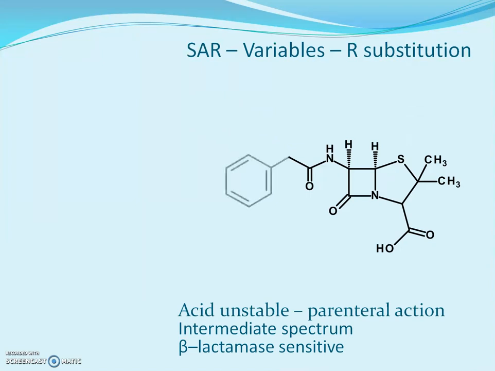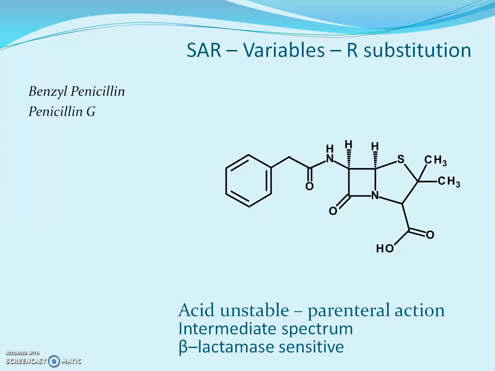Now if you see, if I attach this R with a benzyl group, this is the benzyl group. What happens is, this drug will remain acid unstable, will have an intermediate spectrum, and is also beta-lactamase sensitive. Now why does it do this?